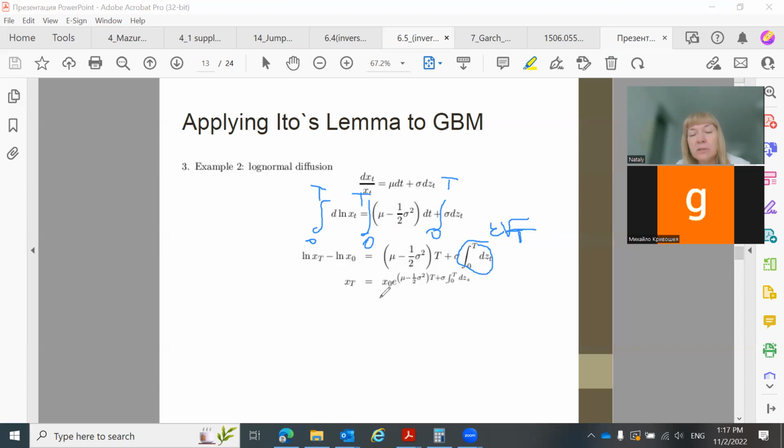So xt equals x0 times exponent to the power of the bracket multiplied by t capital plus sigma epsilon square root of t. Okay? It is the solution of this geometric Brownian motion.